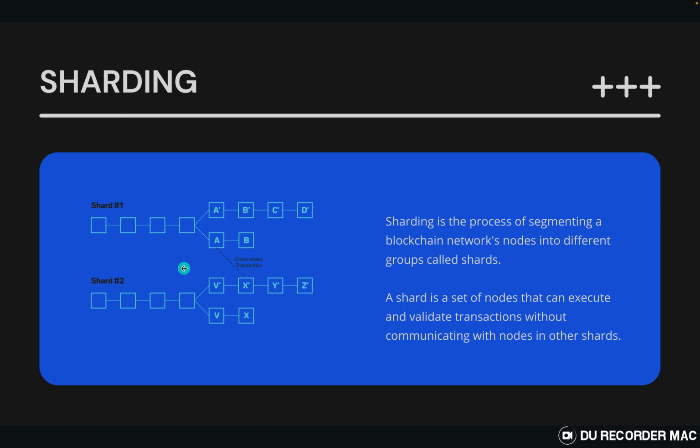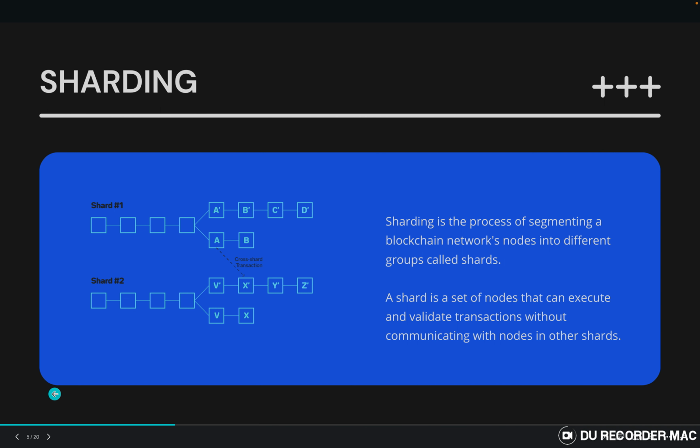Someone can do a transaction that will require one shard communicating to a different shard, so Near has that capability. This sharding brings about the possibility of running transactions in parallel, which makes it easy for blockchains to scale. So that's it about sharding.